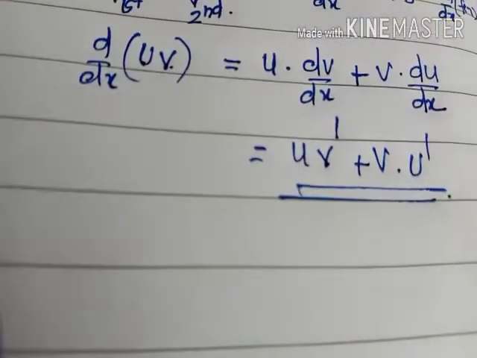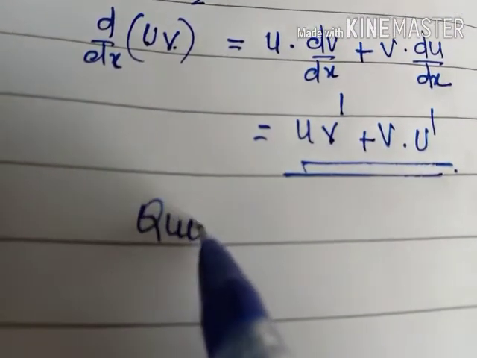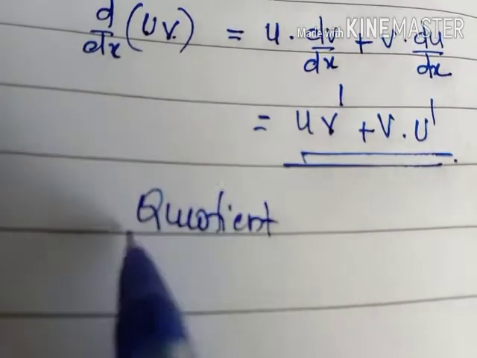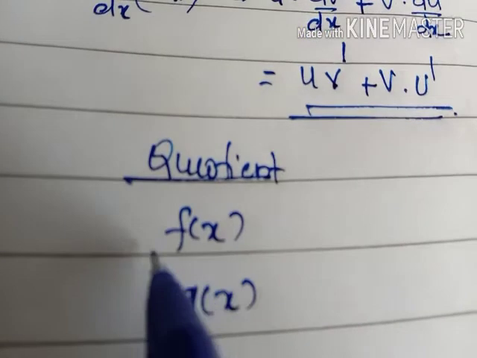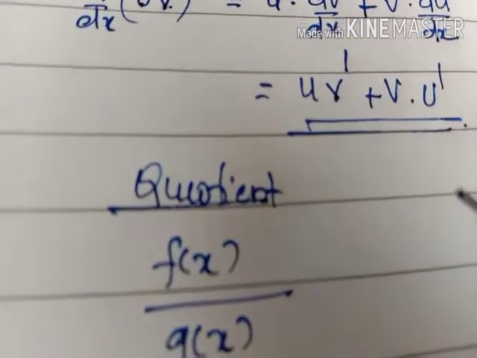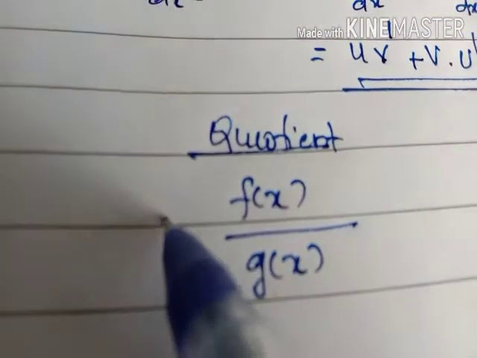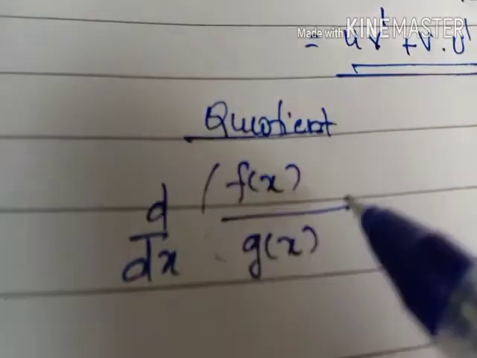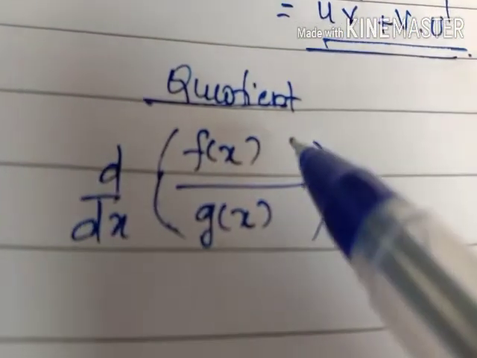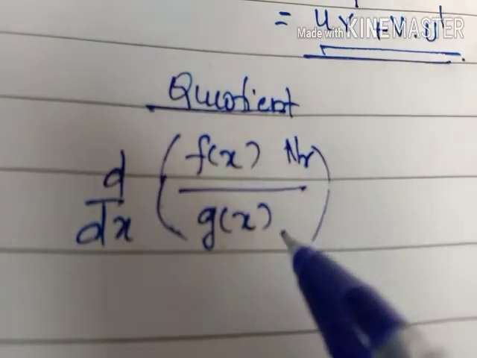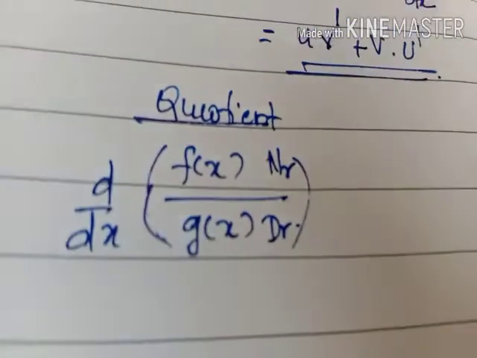And similarly the quotient rule. Suppose we have functions f of x and g of x and consider their quotient f of x by g of x, and we have to find its derivative d by dx of f of x by g of x. Here f of x is the numerator and g of x is the denominator.